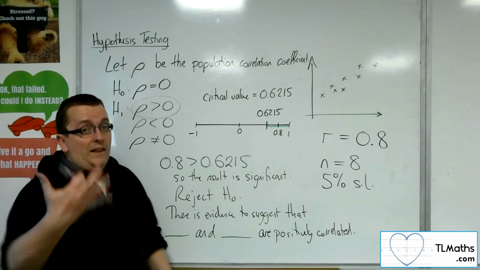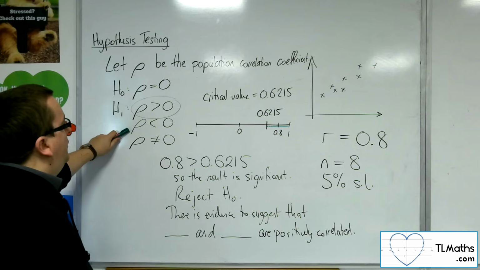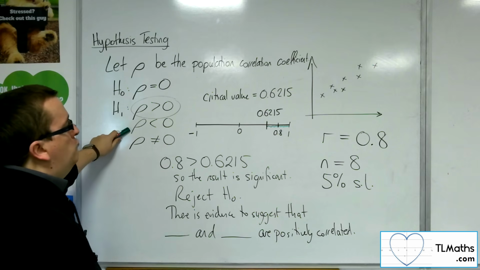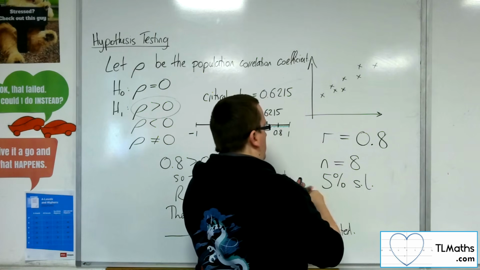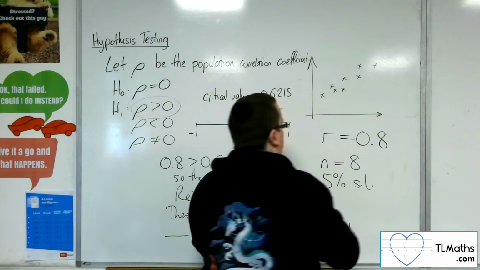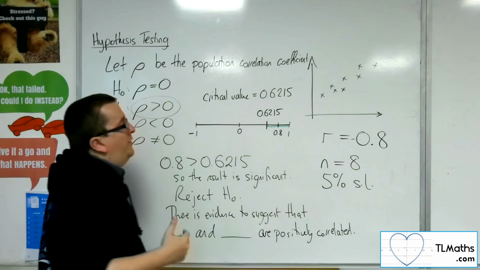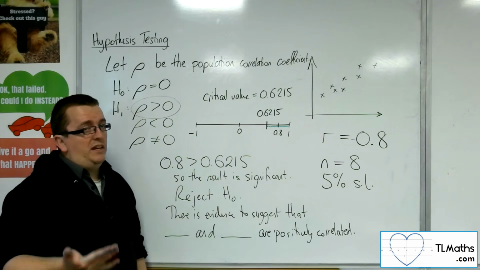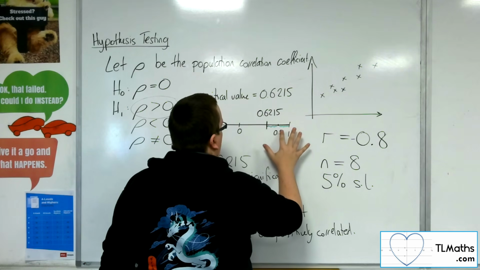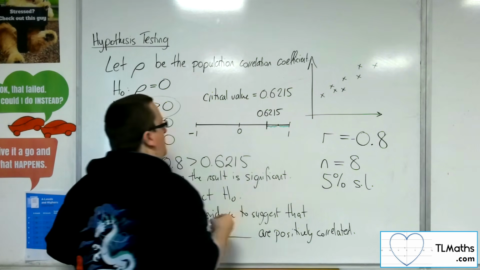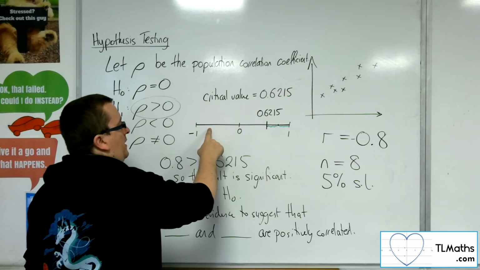Now, let's say, for argument's sake, that we have that rho was less than 0. Let's say rather than R being 0.8, we had minus 0.8. The critical value from the tables would still have been 0.6215. But it is nonsensical to compare that critical region with minus 0.8, which is down here.